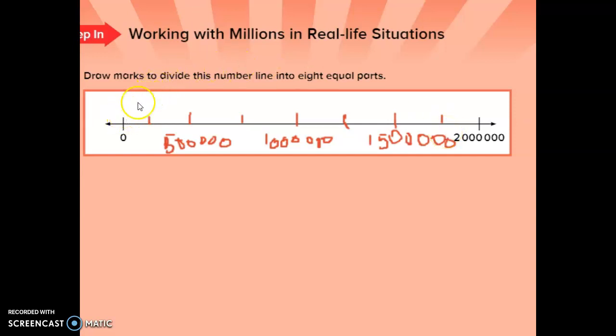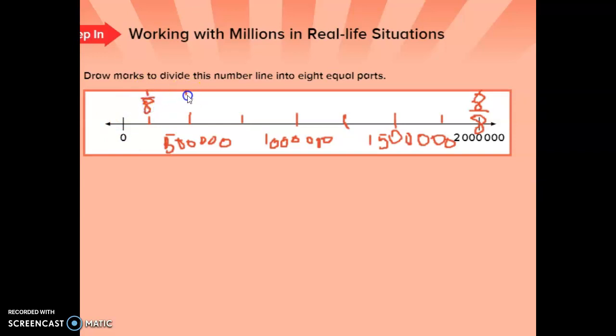Now, very important, we're going to work out what these fractions are. How many jumps have we done? 1, 2, 3, 4, 5, 6, 7, 8. So our total is 8 out of 8. So that means all of our fractions are going to be out of 8. So the first one is going to be 1/8.